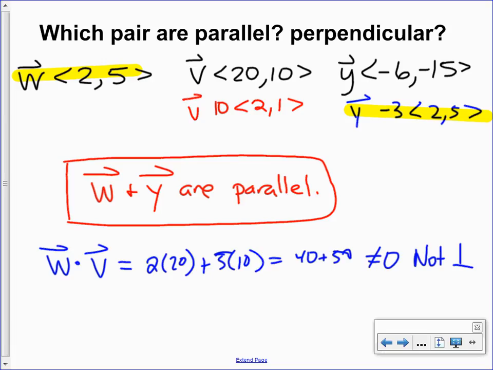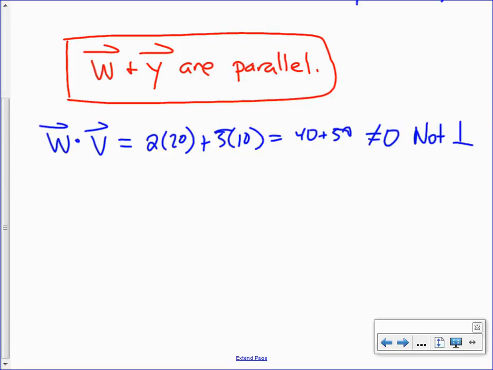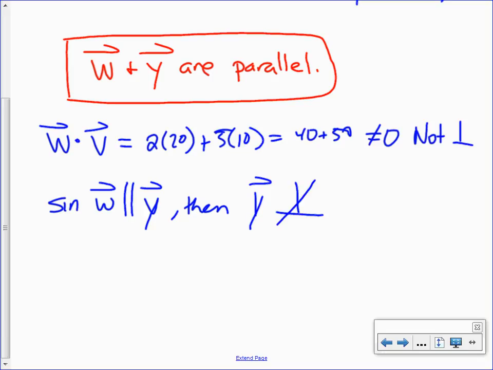Since W is parallel to Y, then Y cannot be perpendicular to B. So the only things that are parallel are W and Y.